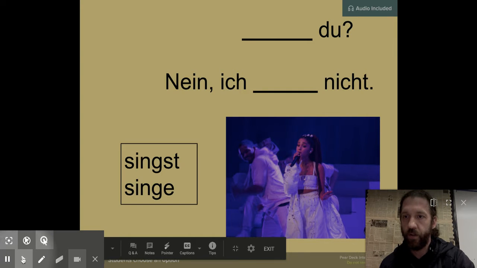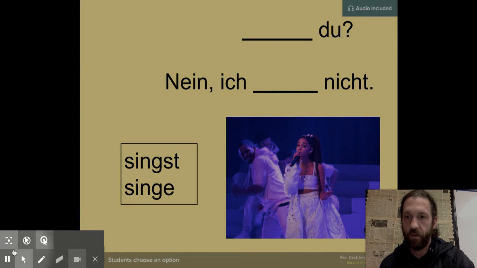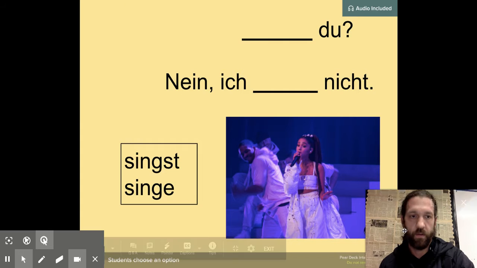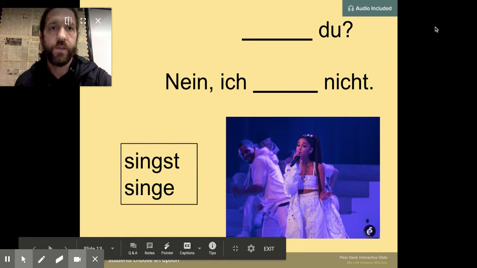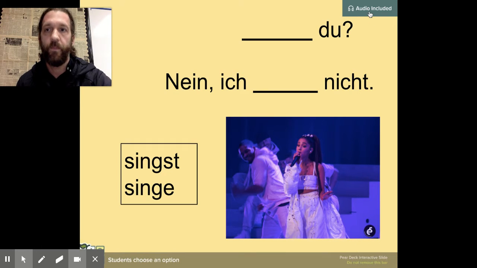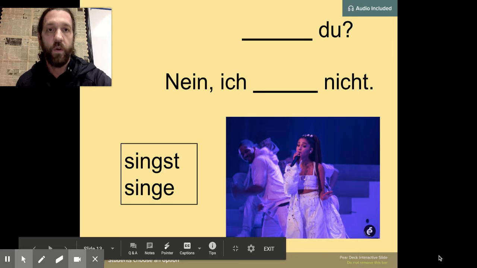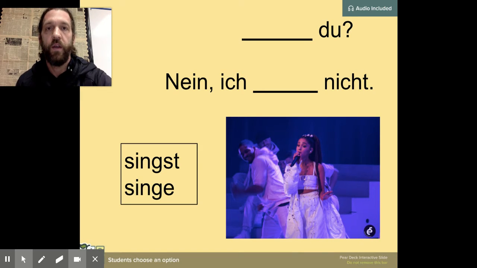Let's see if I can grab this. There we go. And so you're going to see this audio included. And in order to play that audio, down in the right corner, you can't see it here, but when you watch the Pear Deck in the right corner, you'll be able to click the audio and then listen to it.